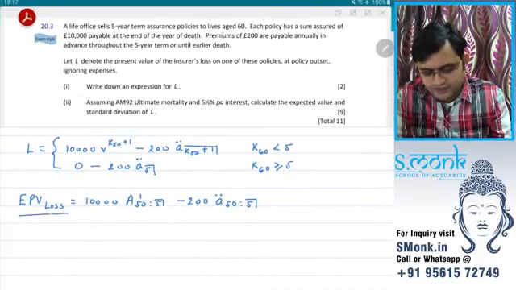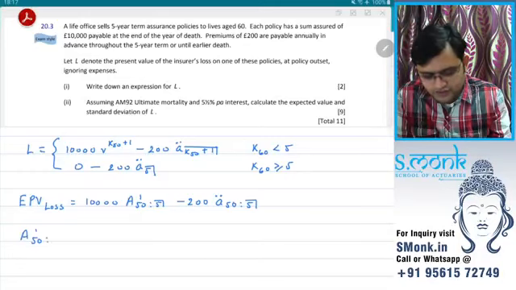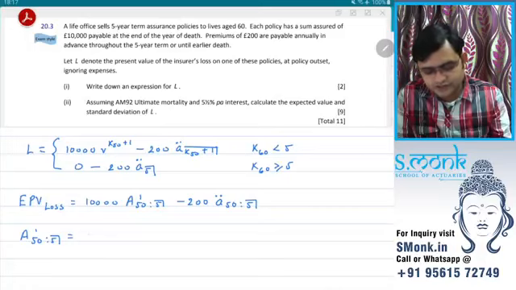First, the expected present value of loss, and for that we'll have to find A60 term 5. We have 5 years, so let me write down all the terms. If the person dies within the first year, then payment would be given at the end of the first year: v q60.